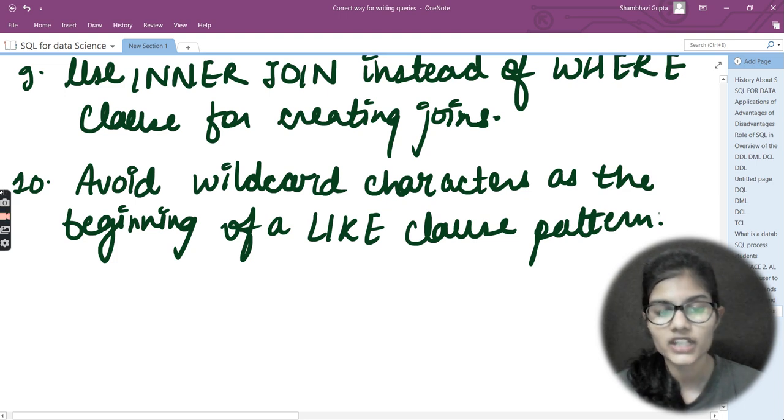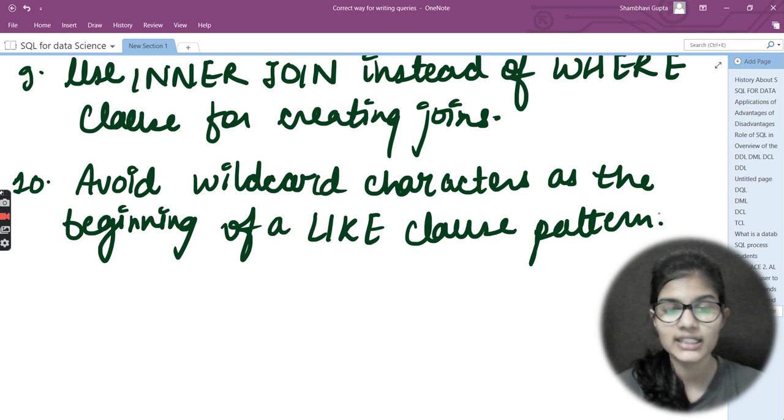Wildcard characters are such as percent signs, underscore signs. These are the wildcard characters. So avoid, and what are they used for? These are used to filter the results of a like clause. Basically they should not be used in the beginning of the pattern, as this disables the database from using the index.